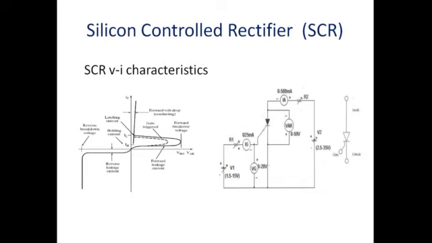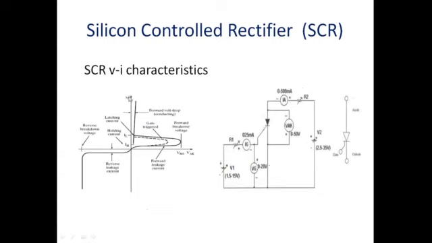Our aim is to study the characteristic of the SCR. After doing the experiment, we are plotting I thyristor, or I anode. This is the anode current and this is the voltage between anode and cathode, VAK.